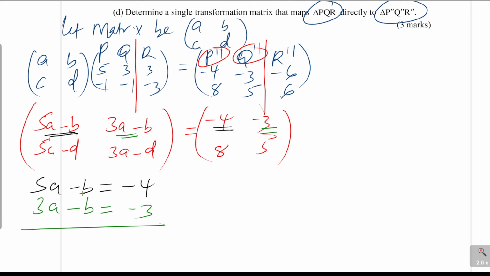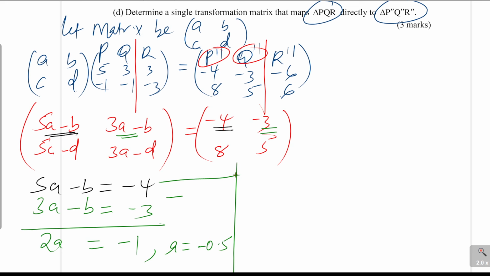So you can see I can eliminate B using the elimination method. I can subtract these. So this will be 5A minus 3A, which is 2A, is equal to -4 subtract -3, which gives -1. This will give A as -0.5. Now after getting that, you can substitute in any of the equations.